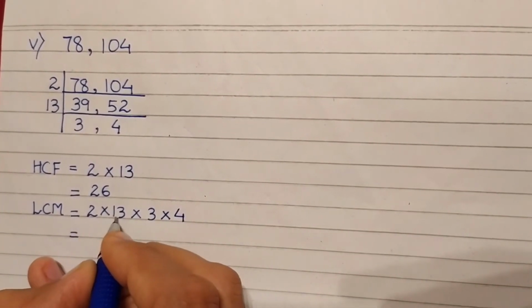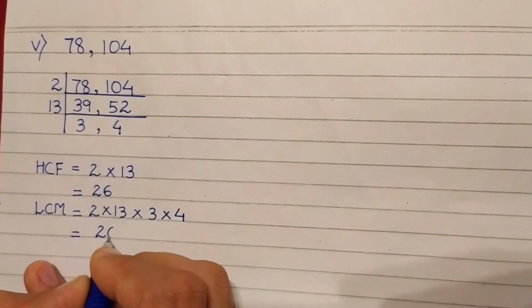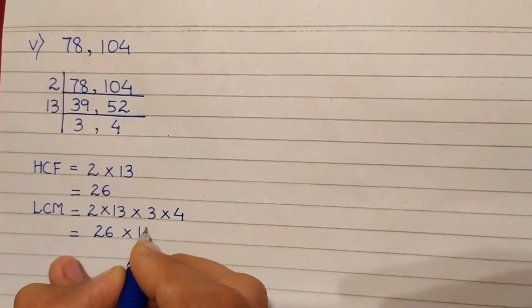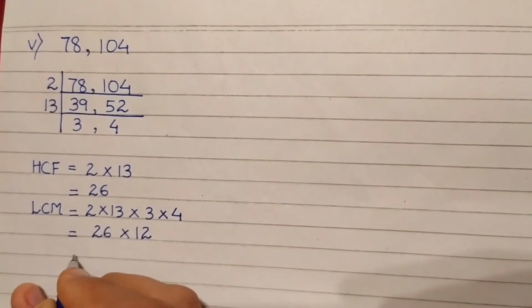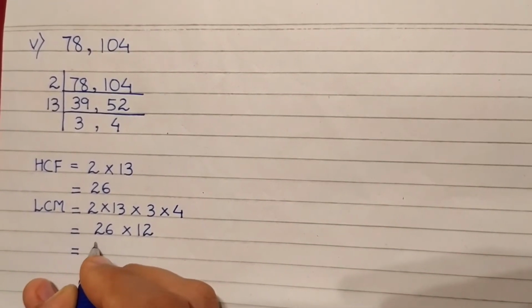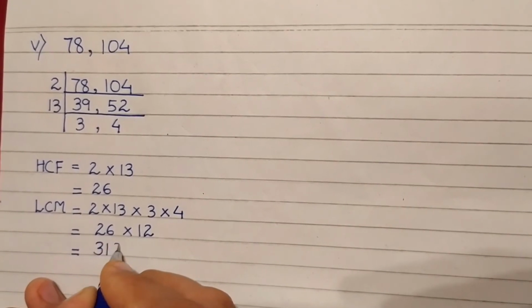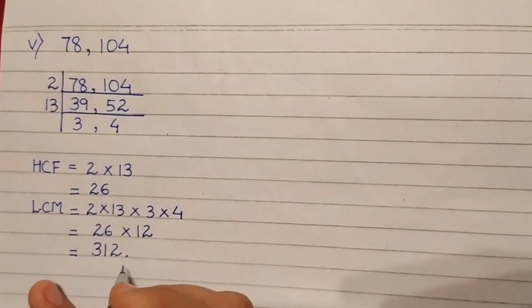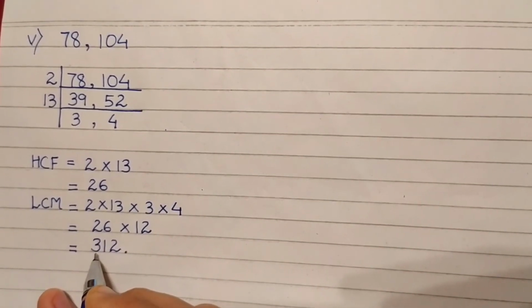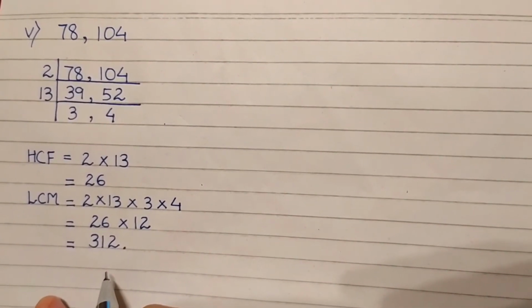Now 2 into 13 is 26. 3 into 4 is 12. Now let's multiply 26 and 12. The answer is 312. So the LCM of given numbers is 312.